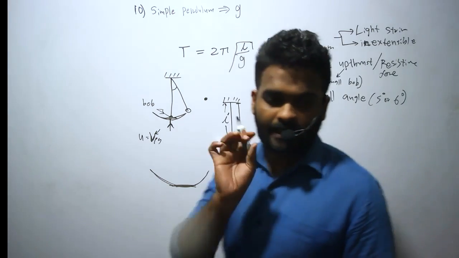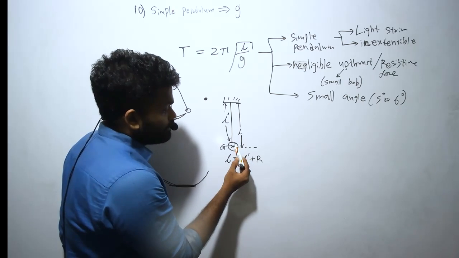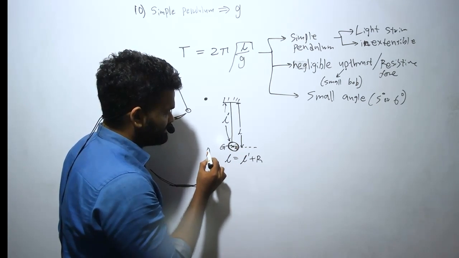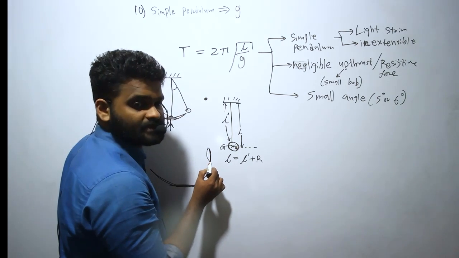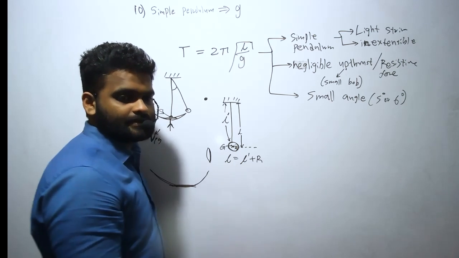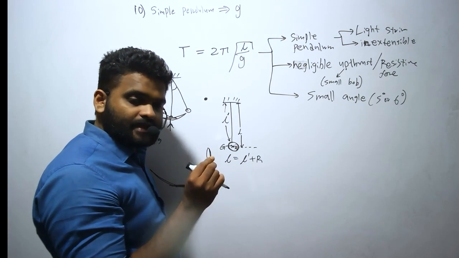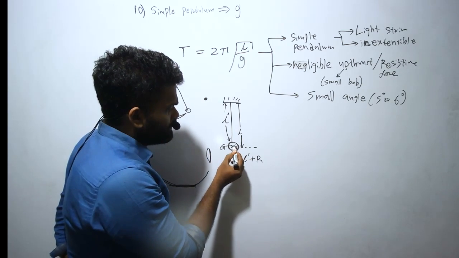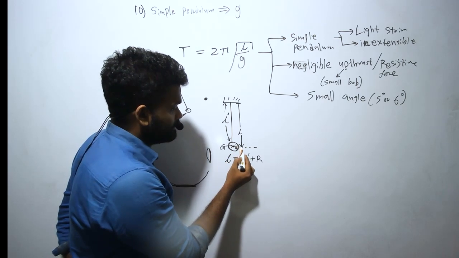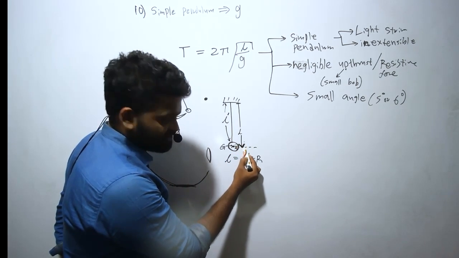Another fact is, why do we take a spherical shape? We can take a lentil shape or something like this. But we take a spherical shape. What's the reason? For a spherical shape, the position of the center of gravity can be found easily, because we need to find this exact position here.